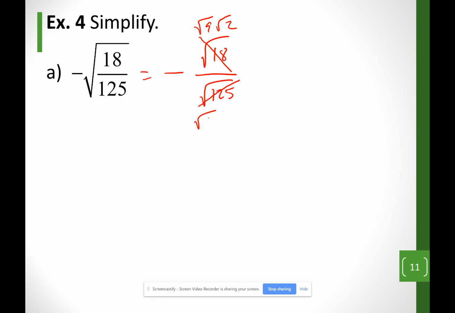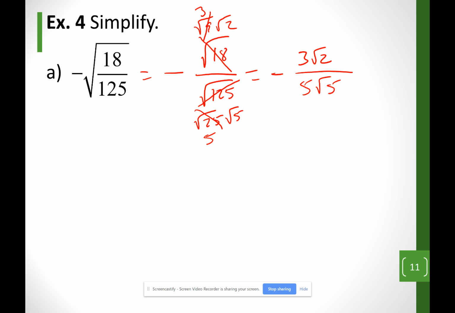Radical 125, I can split that as square root of 25 times square root of 5. So my answer is a negative. Now on the top, square root of 9 is 3, so I have 3 radical 2. At the bottom, square root of 25 is 5, so I have 5 radical 5.